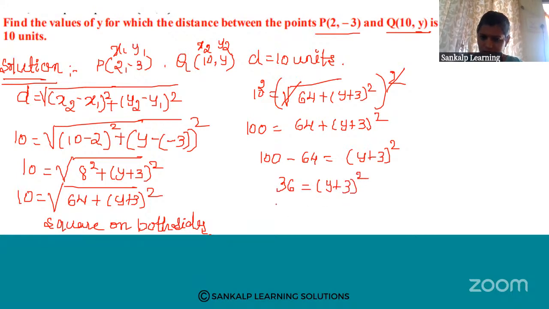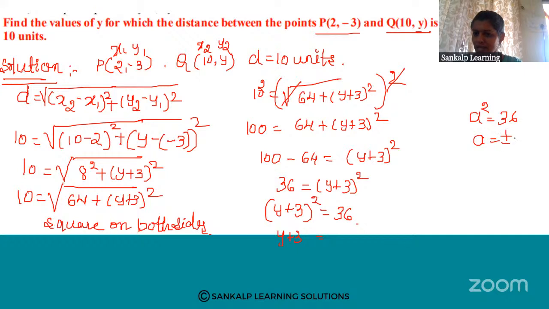Now, this can be written as (y plus 3) whole square is equal to 36. Then what is the value of y plus 3? Yes, so it is of the type: if a square is equal to 36, then what is the value of a?